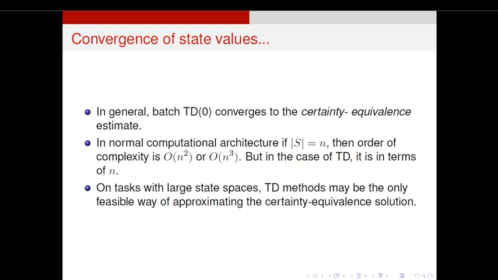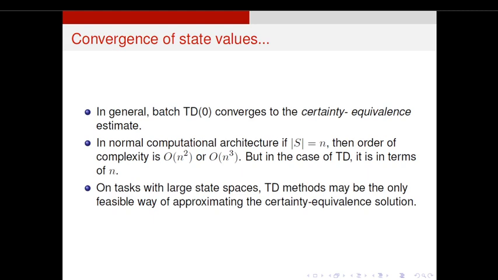If the cardinality of S, that means the number of states, is equal to n, then the order of complexity under Monte Carlo is order of n square or order of n cube. That means complexity is much higher. But in the case of TD, the temporal difference learning, it is order of n. That is the difference. So computational complexity is minimum.